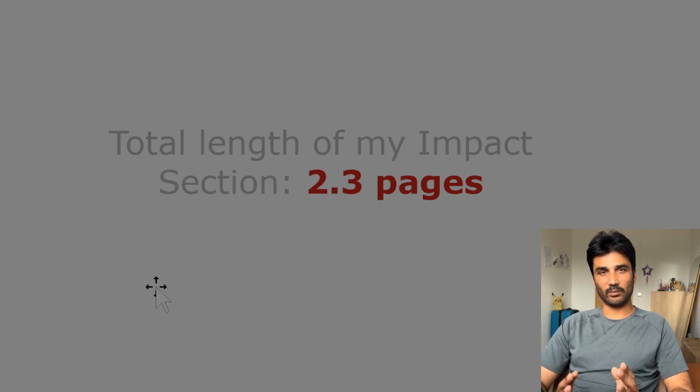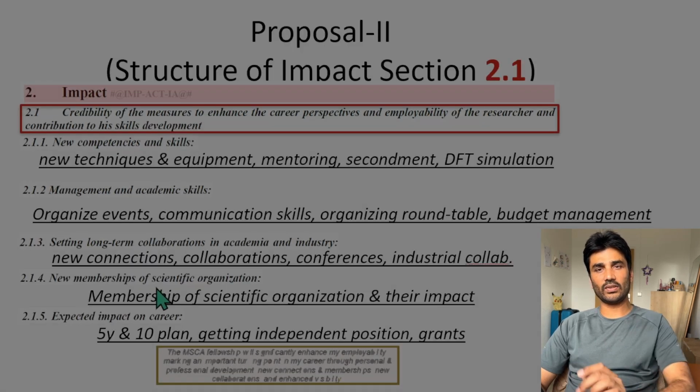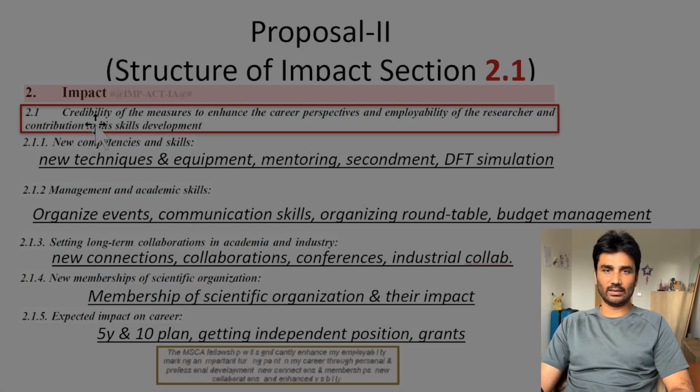It's appropriate, as it has a 30% weightage, so I gave appropriate space in my proposal to each section. And then how I structured it. This is the first part, 2.1 of the impact section: impact on my research, the capability of the researcher, career perspectives, and contribution to skill development.